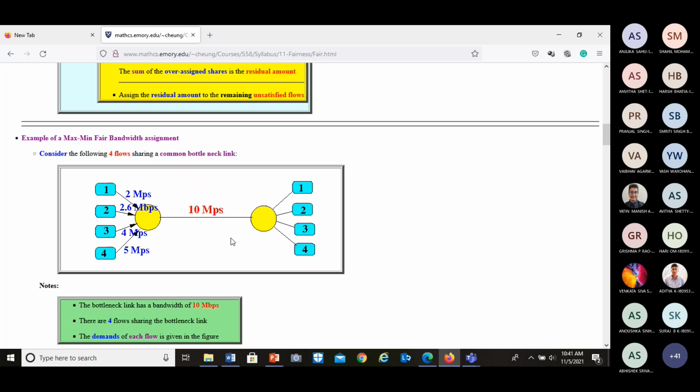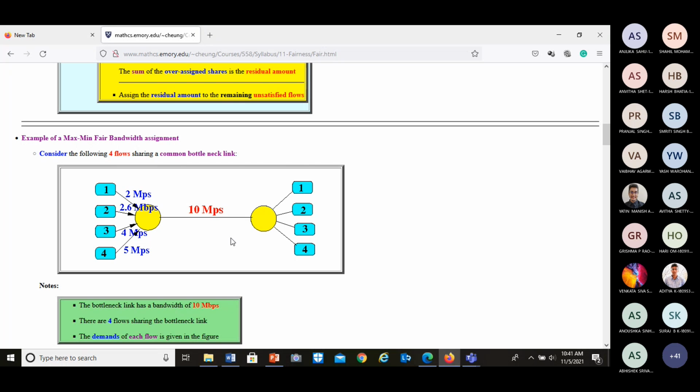The first user has requested 2 rupees, the second 2.6, and the others 4 and 5. Then how can you allocate? Suppose you share equally, each one will get 2.5 rupees, right? But user one has requested only 2 rupees, so there is no need to give 2.5. You give only 2 rupees, and then 50 paisa is remaining.